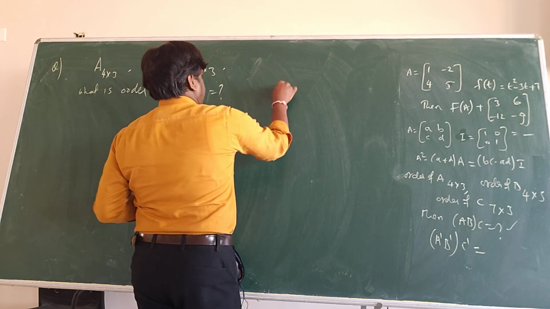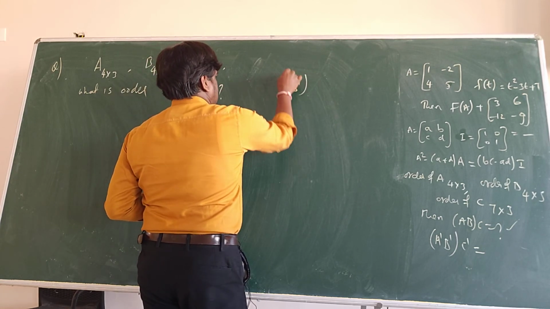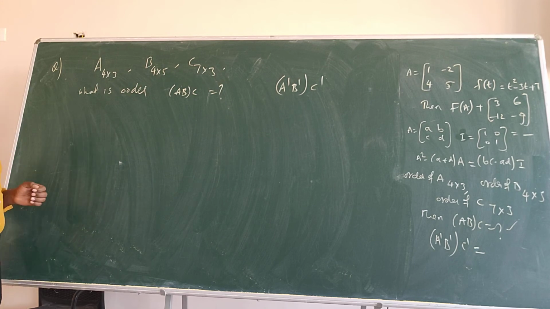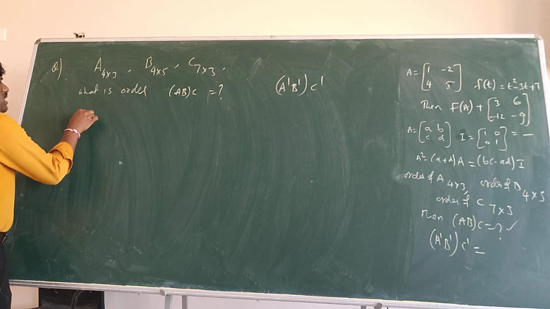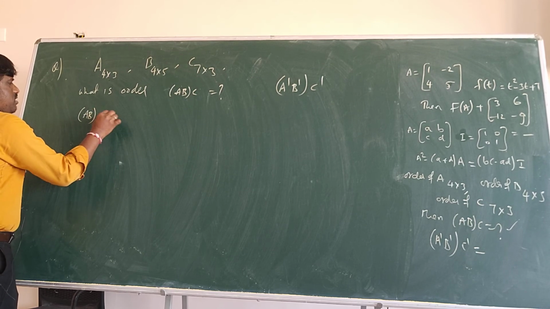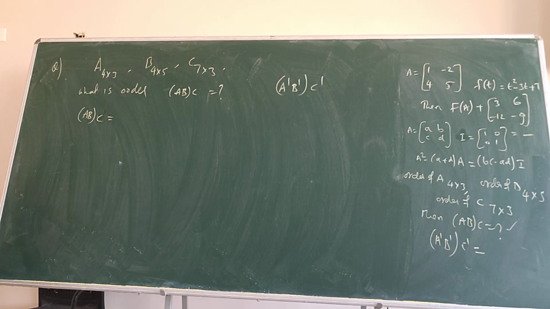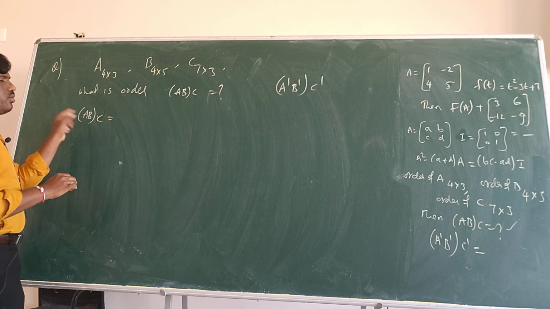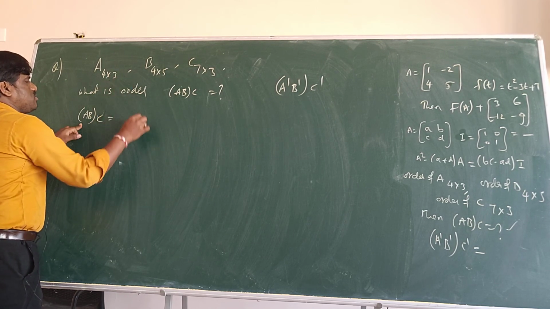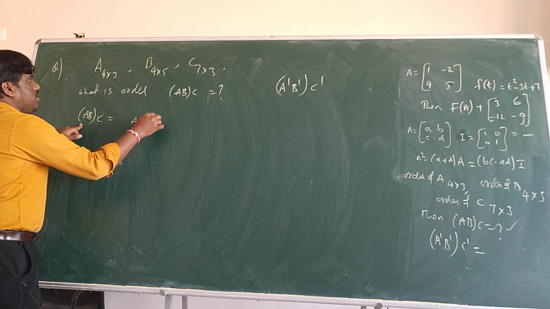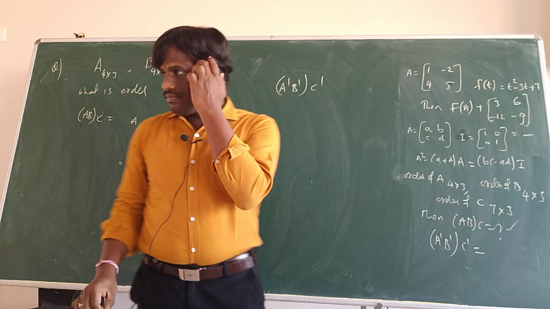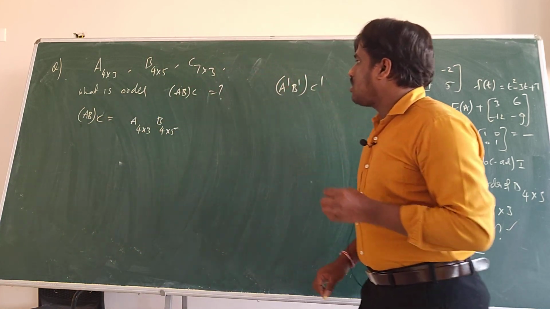What is the order of A dash, B dash into C dash? Okay. So let's see. First we take orders. First we have to do AB multiplication. A means 4 by 3. B means 4 by 5. Correct?